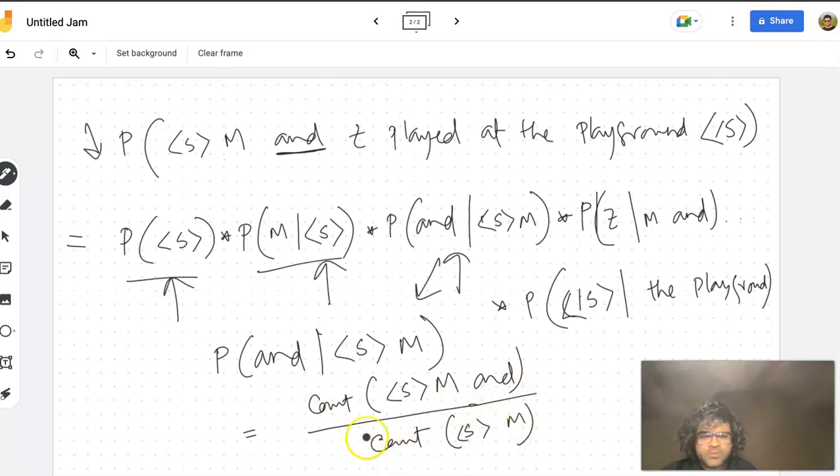This is the approximation. So how many times start and m occur together, and how many times start and m are followed by end. Then you divide, and you will get the probability for this. Similarly, you will get the probability for all of these.